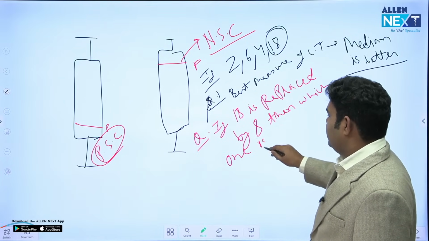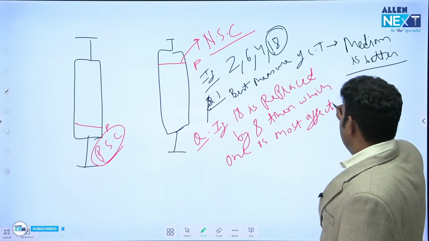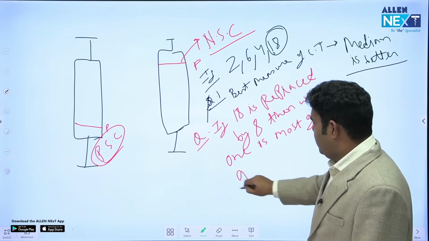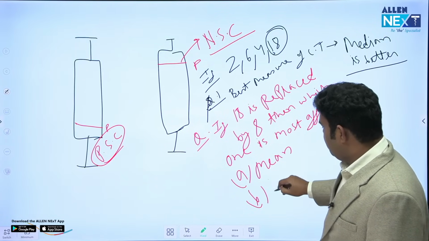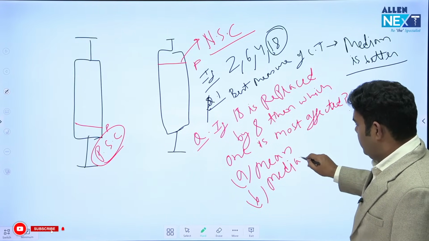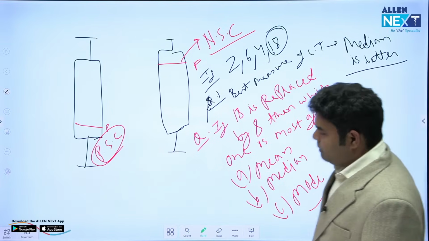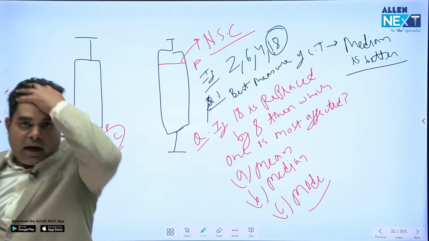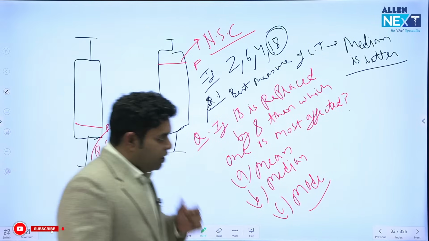Most affected will be which number? Option A, will it be mean, median, or mode which will be most affected? If we write 8 in place of 18, try to give the answer.